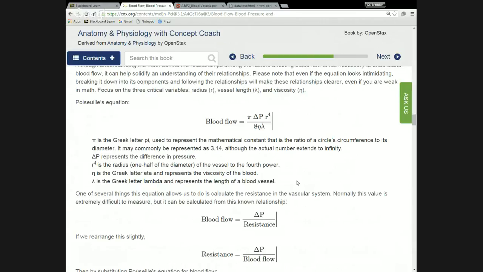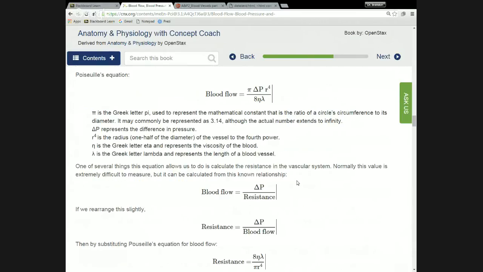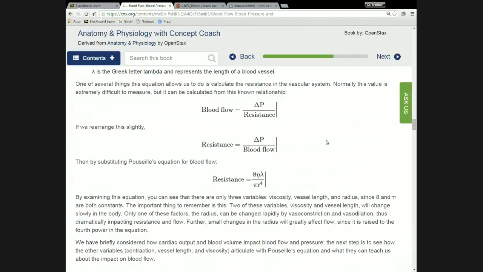Now, other than defining those things here, we're not going to deal with them so much individually, except for a couple of things. We can boil down what's important to simply this ratio, that blood flow is the relationship of delta P over resistance. And I defined resistance in lab, but here we can see it sort of mathematically worked in.